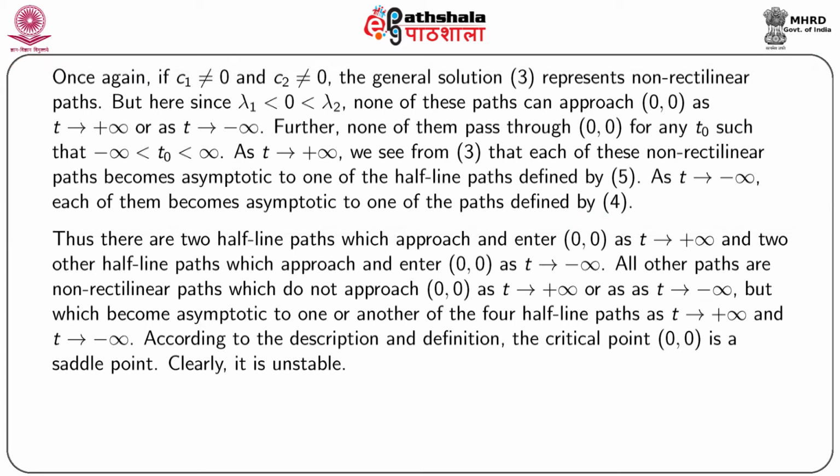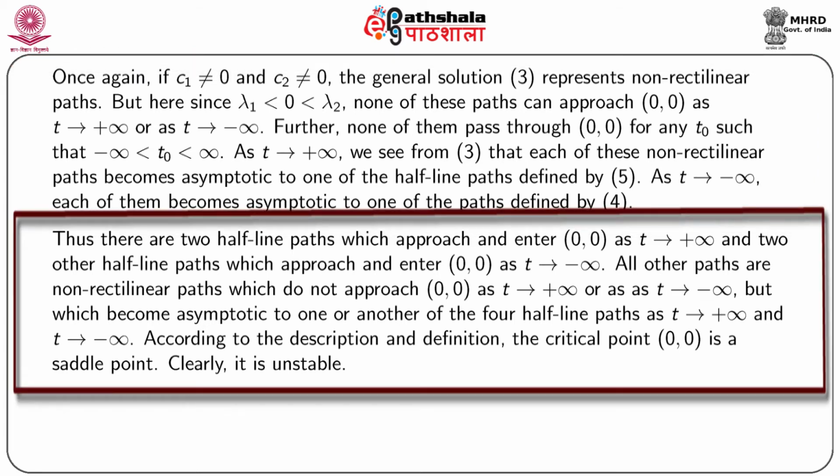Therefore, there are two half-line paths which approach and enter 0 0 as t tends to plus infinity, and two half-line paths which approach and enter 0 0 as t tends to minus infinity.